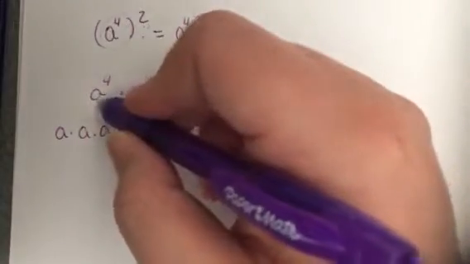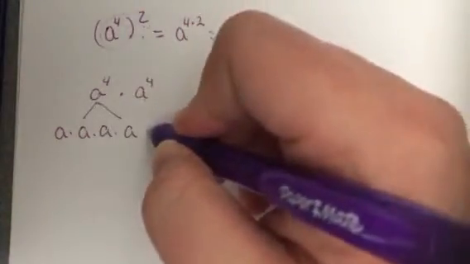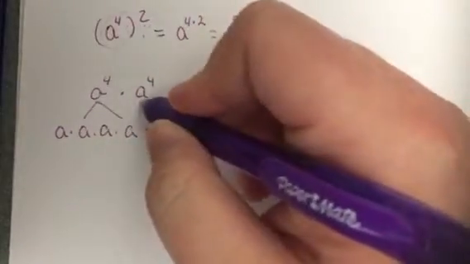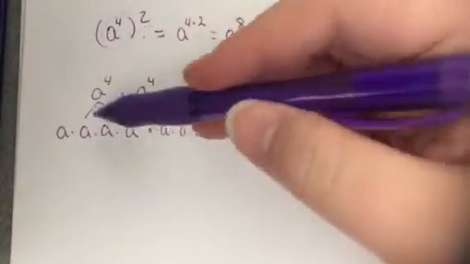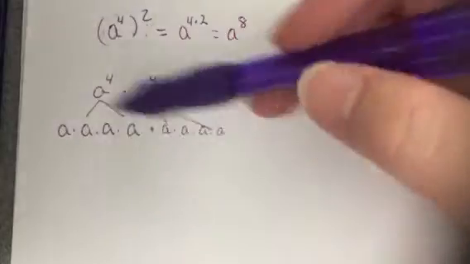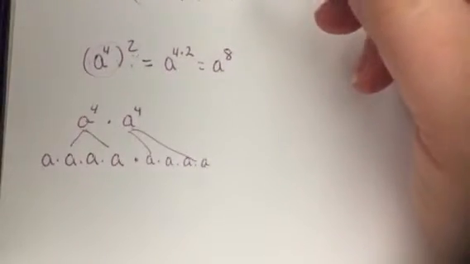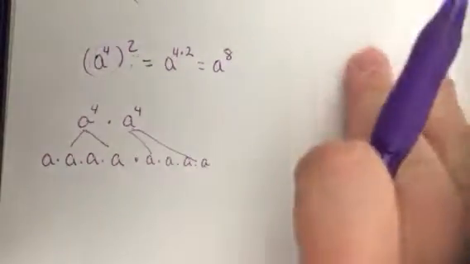Break down the other one. Now how many a's do we have being multiplied by each other? 1, 2, 3, 4, 5, 6, 7, 8. So that's your power to a power property.